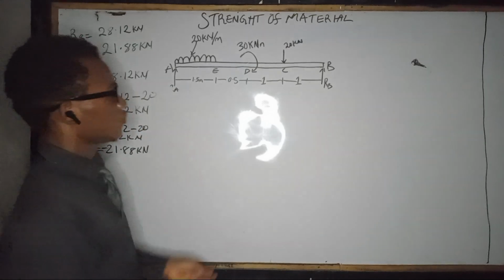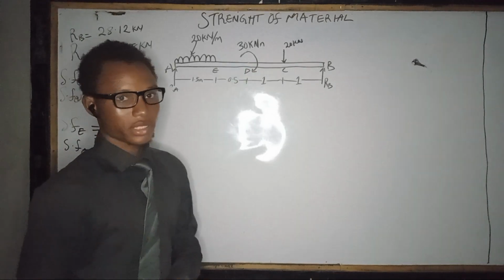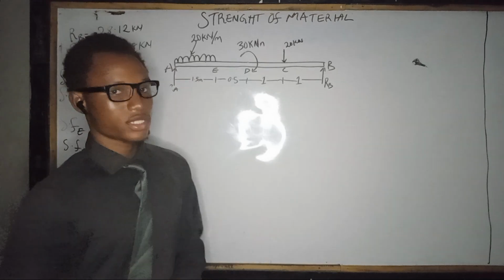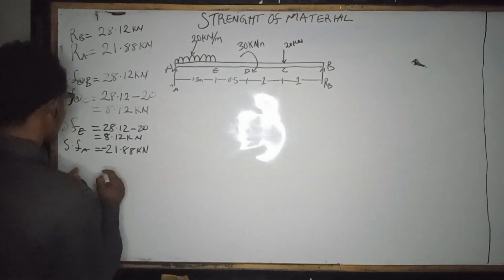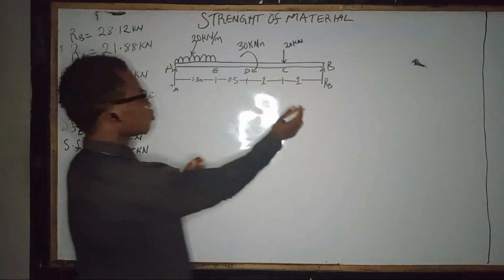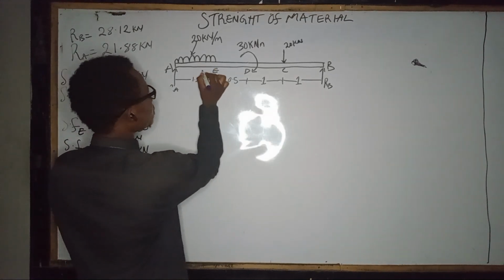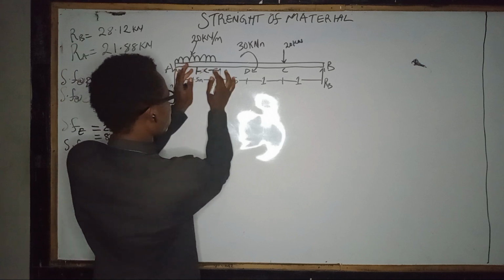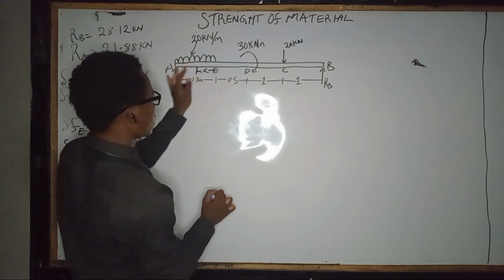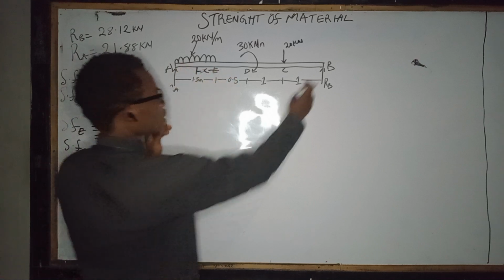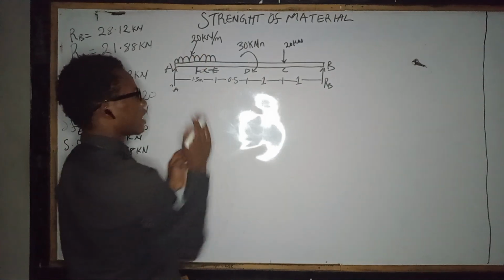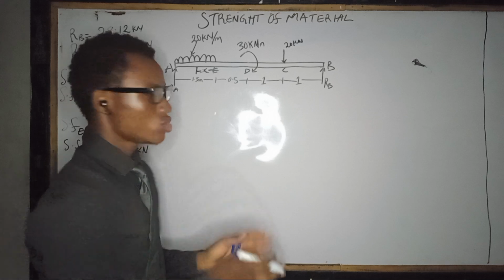That is, if not for the moment which we added here. So now let us find the point. If we are doing the shearing force at any point x, distance x from this side, we find the shearing force from here to here, and that shearing force must be equal to 0.